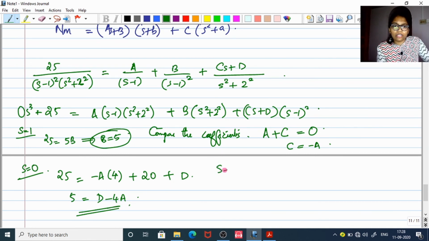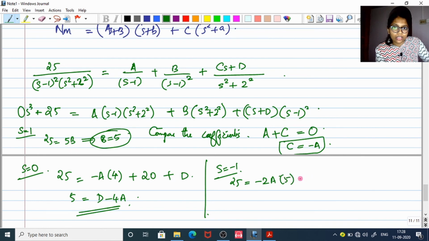Now let's put another value for s, which is negative 1. It is your wish to compare the coefficients and get an equation, or put different values for s. It is your choice only. So when s is equal to negative 1, you have 25 is equal to negative 1 minus 1 is negative 2a, negative 1 whole square plus 4 is 5, plus 5b, plus c into negative 1 is negative c, plus d into negative 2 whole square, which is 4.